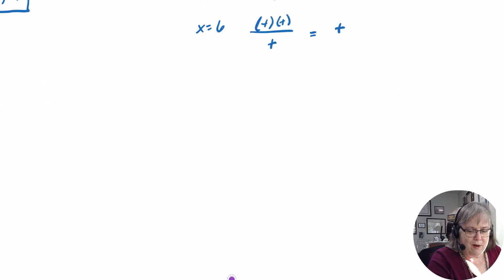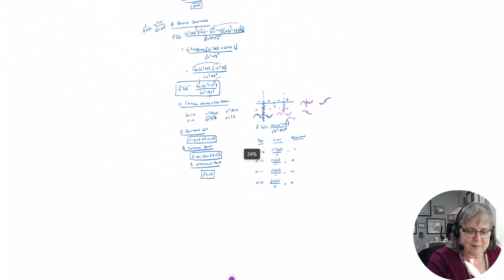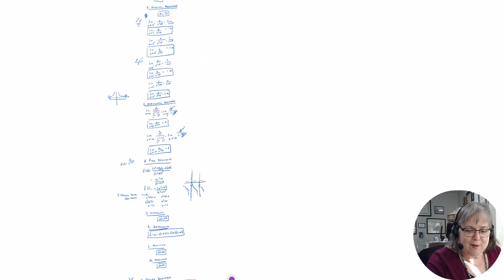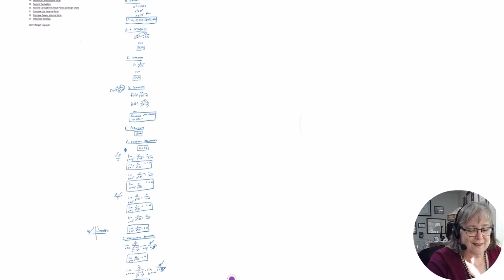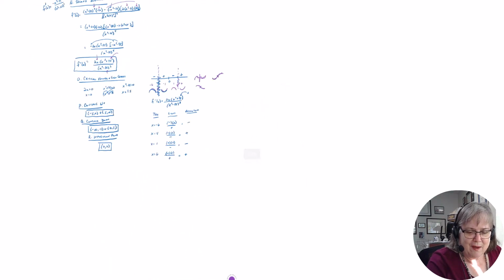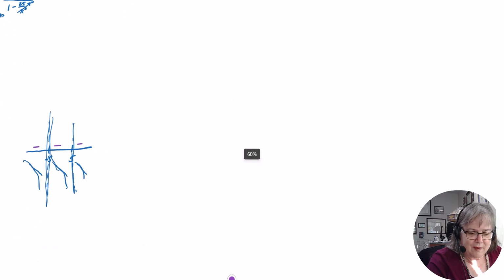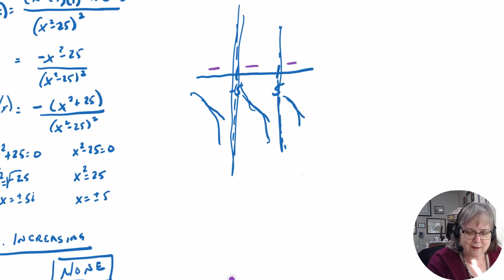So then when you put all this together, and I'm going to shrink this down so you can see it. Okay, and we still can't get it to fit all on one page. See all this work that you did? That's a lot of work. All right, so when you put all of this together, let me go back up here. Keep in mind that it was decreasing throughout.